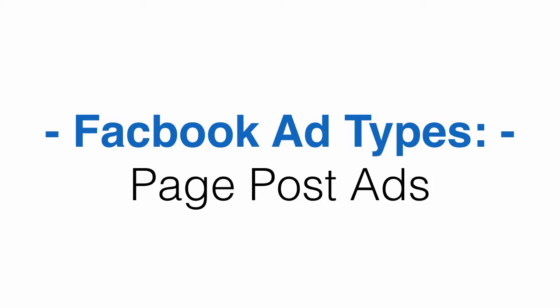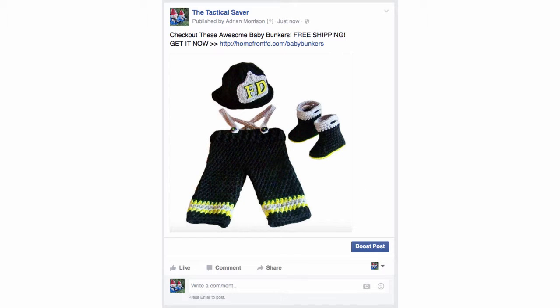So real quick, let's just take a look at an example of a page post ad so you know what it looks like. Here's an example of one I just made, and you will notice here at the top left you see my fan page, the Tactical Saver. You'll see the body which says check out these awesome baby bunkers, get free shipping, get it now, and then you see a blue text link.